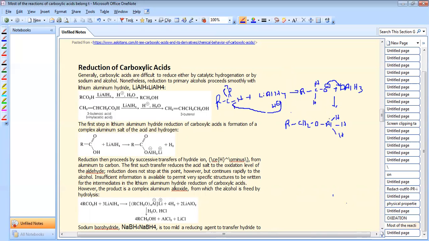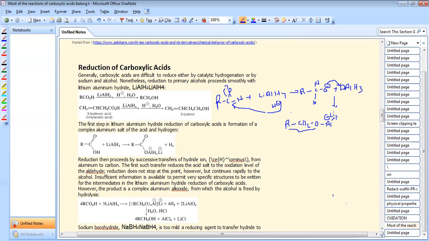It gets a negative charge, and here this is positive. By means of this, the remaining three hydrogens will be replaced by these aldehydes in a similar manner. So three more aldehydic molecules. If you want to check it, I will show you how it happens.